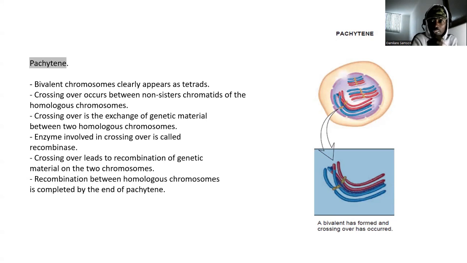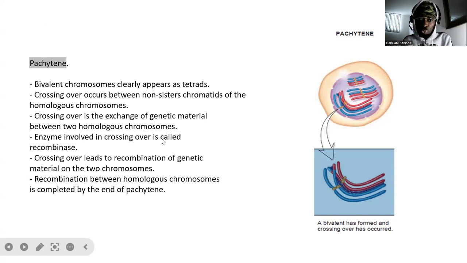So the reason why you and your younger ones are a bit different is that you cannot look 100% alike, because there has been crossing over and different genetic exchange, which is at this stage. Don't forget pachytene.